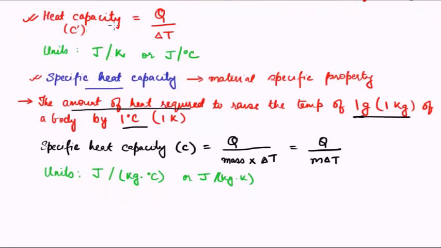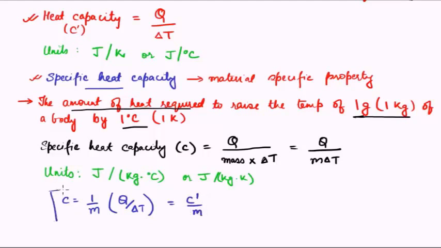We know that heat capacity is Q by delta T and specific heat capacity is Q by m times delta T. So we can write c is equal to 1 upon m times Q upon delta T, and we know that Q upon delta T is the heat capacity, so we can replace that as C dashed upon m.